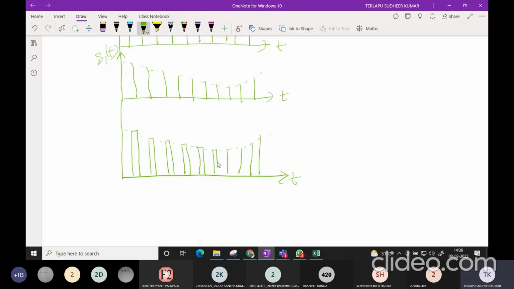If you observe carefully, the height of the pulse is constant. So this is my S2 of t. Is that clear?